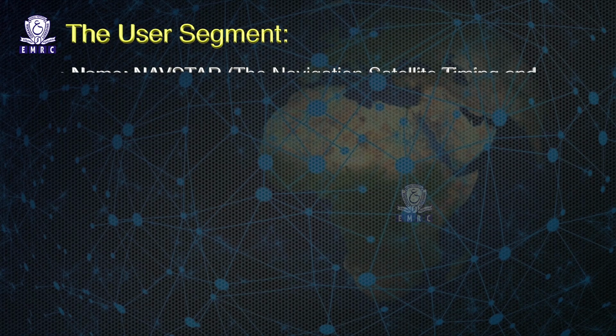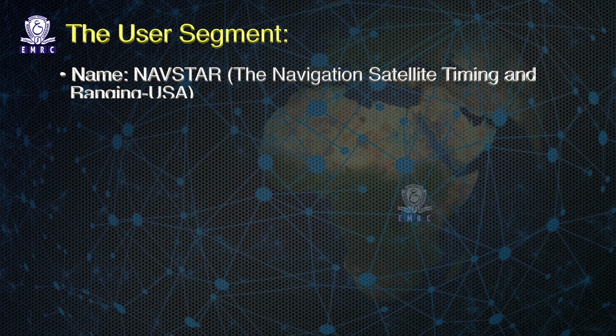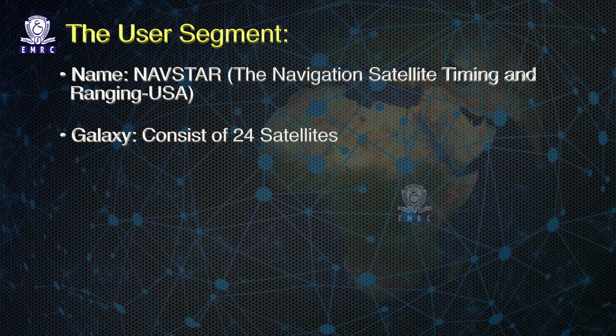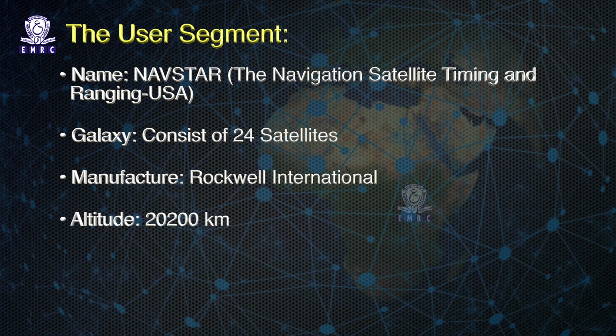The satellite details include different characteristics. The name is Navstar, the navigation satellite timing and ranging, USA. The constellation consists of 24 satellites. The manufacturer is Rockwell International. The altitude at which the satellite is present is 20,200 kilometers, and the weight of the satellite is 845 kgs.